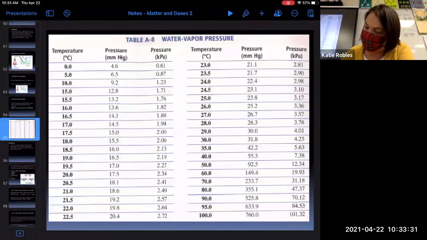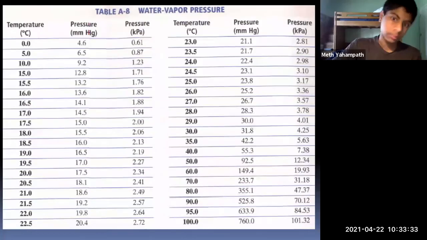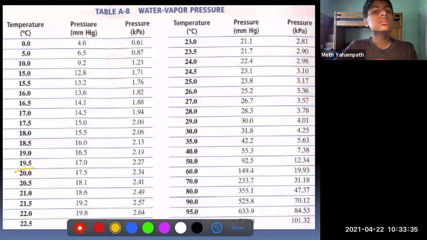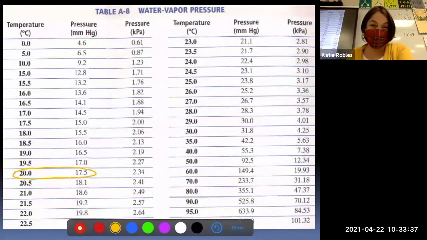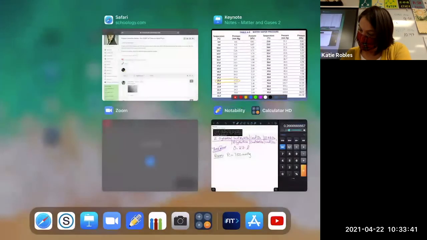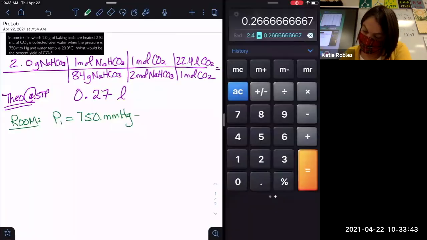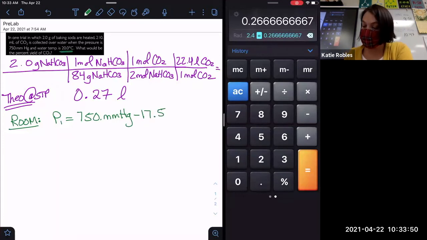Partial pressure of water at 20 degrees Celsius is 17.5. Go back here, subtract, because that was the temperature. The temperature was 20 degrees.